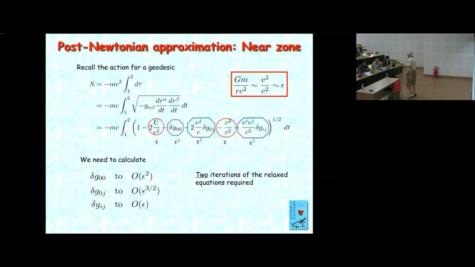Can you explain this last part again? This one? Two. Because if G00 has contributions at order epsilon squared, that means it could have contributions that are maybe a potential with a v squared inside it, like a potential generated by kinetic energy. So that would be like a product of these two things, right?